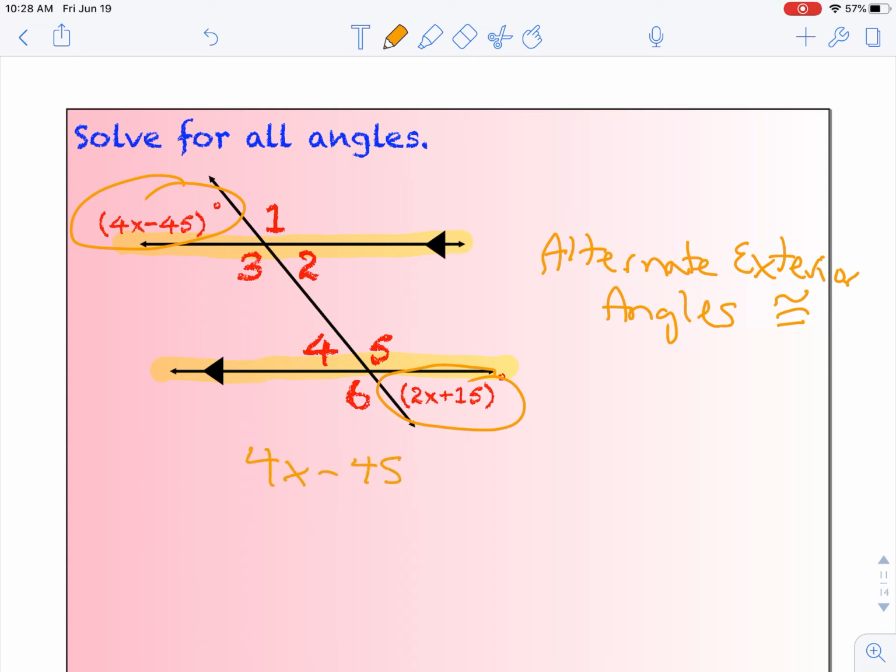And alternate exterior angles are congruent, so we set 4x minus 45 equal to 2x plus 15.